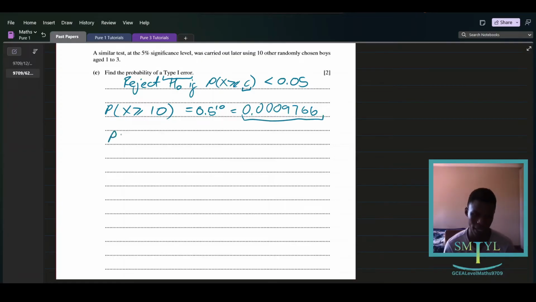So let's try again. X is greater than or equal to 9 is equal to, it will be this value, the probability that X equals 10, and then the value for when X is equal to 9.